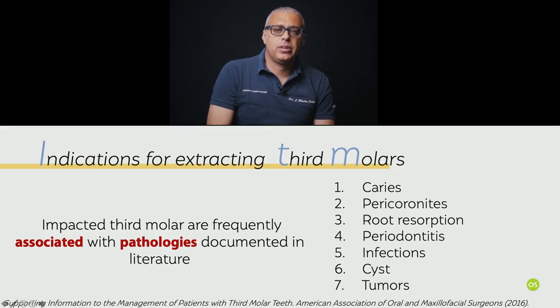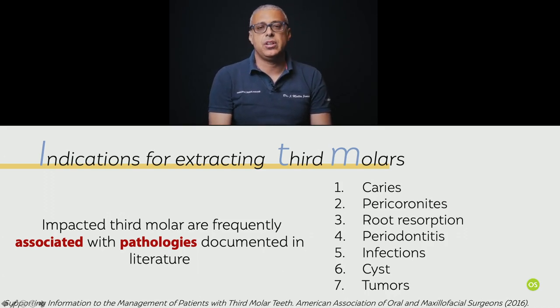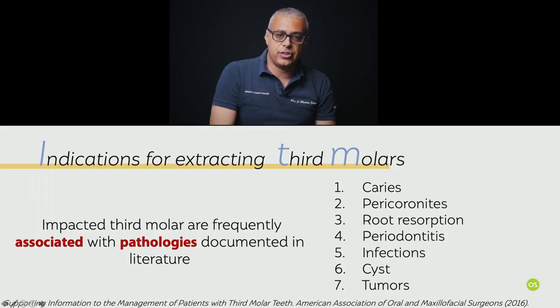When we talk about surgery, we always have to remind ourselves of the indications for extracting third molars. An interesting paper from the American Association of Oral and Maxillofacial Surgeons from 2016 tells us that impacted third molars are frequently associated with pathologies documented in literature.